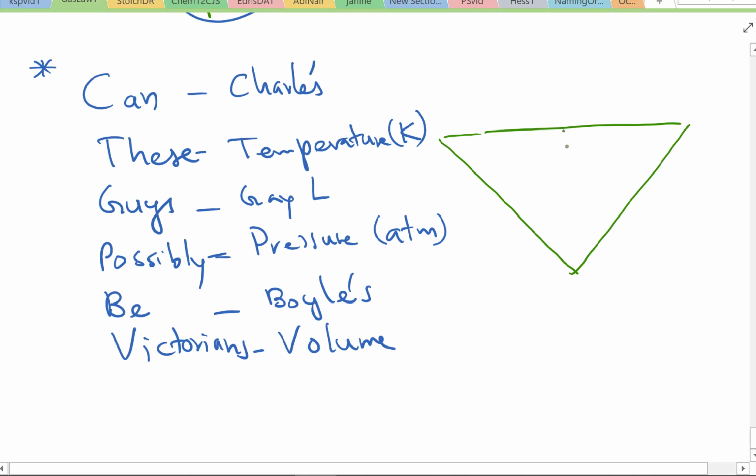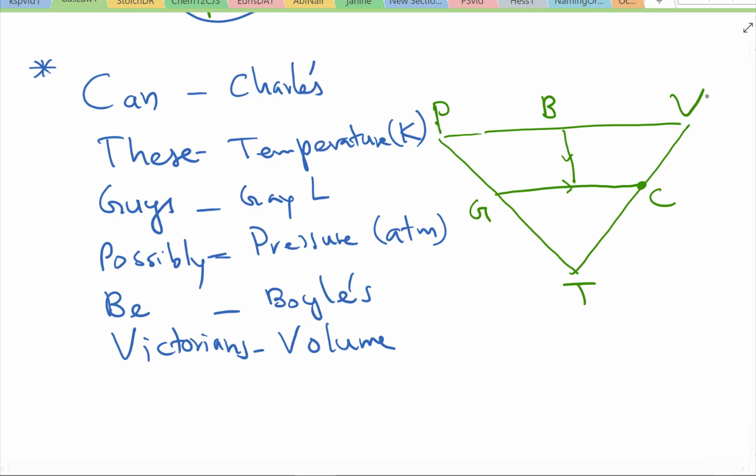You draw a triangle and cut it into three like this, and then you start from there. Right middle corner C, T, G, and P, B, and V, right? That's basically "Can these guys possibly be Victorians." Now you put the corners into each cell. So you can put the T here, V from there, T from here, and P from here.